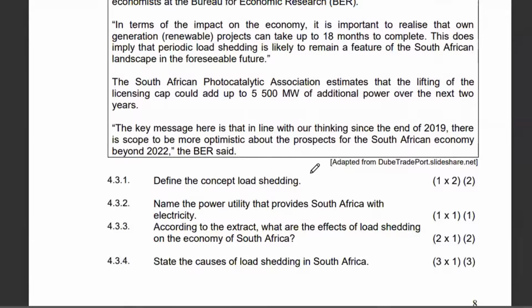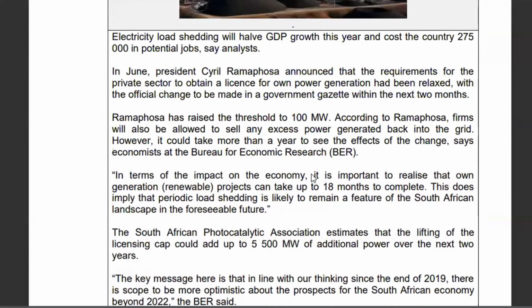So you read through the extract and then you define. Our first question is, define the concept load shedding. When you look at our extract, let's see if we have the concept of load shedding.